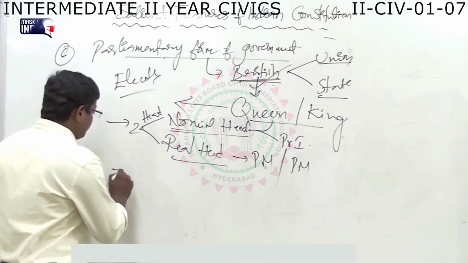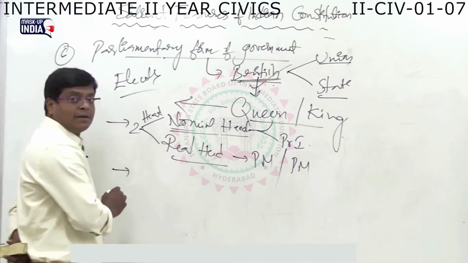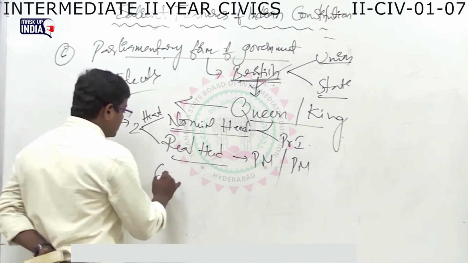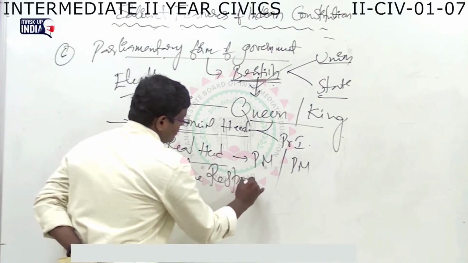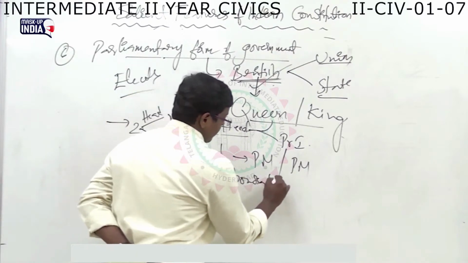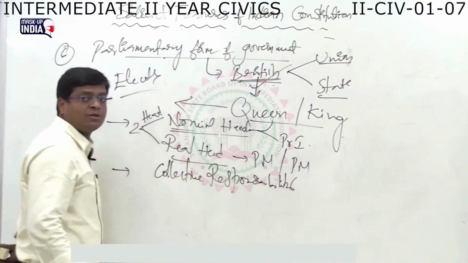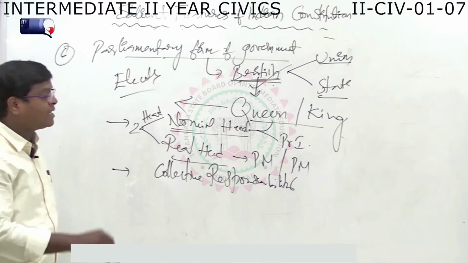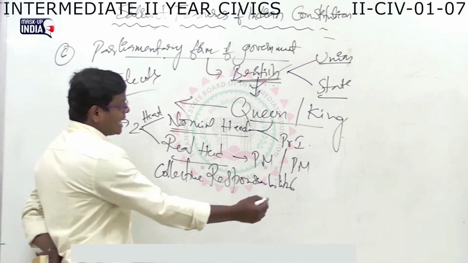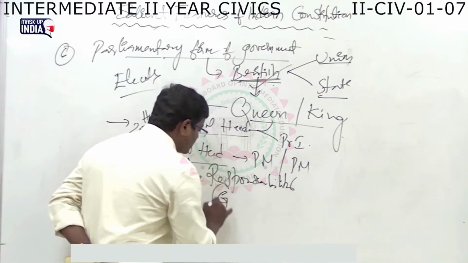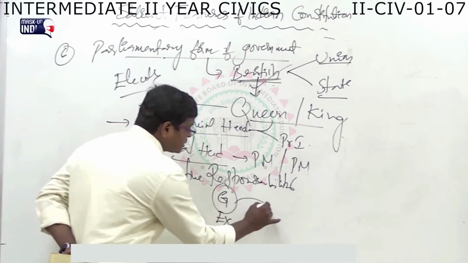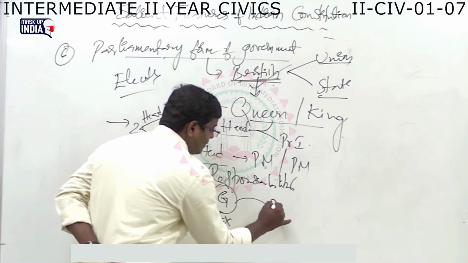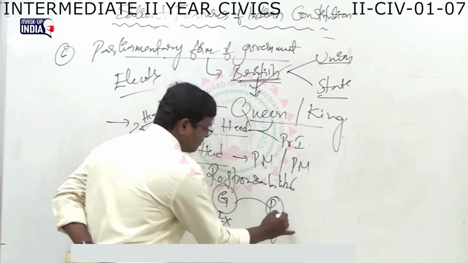At the same time, responsibility, that means collective responsibility. Collective responsibility is also one of the features of the parliamentary form of government. Here the government is collectively responsible. That means the executive is collectively responsible to the parliament, that means the legislature.